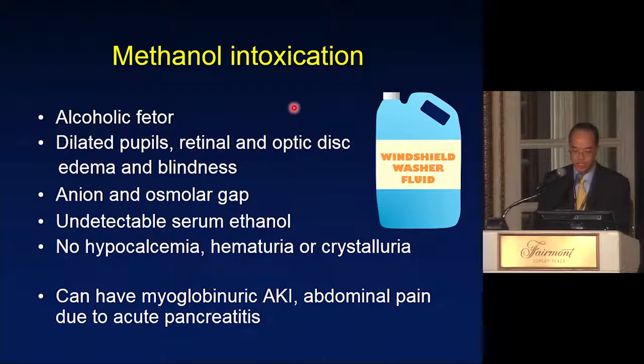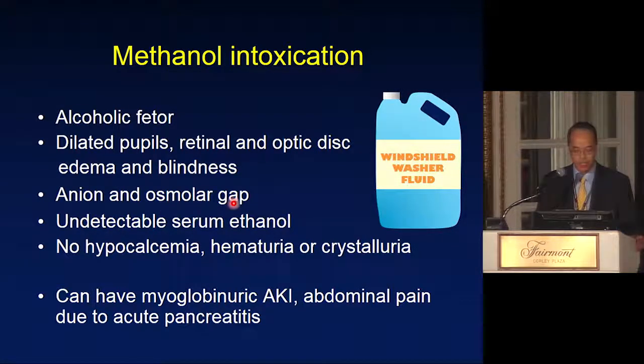Methanol intoxication metabolically behaves very similarly, but these patients do have an alcoholic fetor. They have retinal damage, so they can present with blindness, dilated pupils, retinal and optic disc edema.